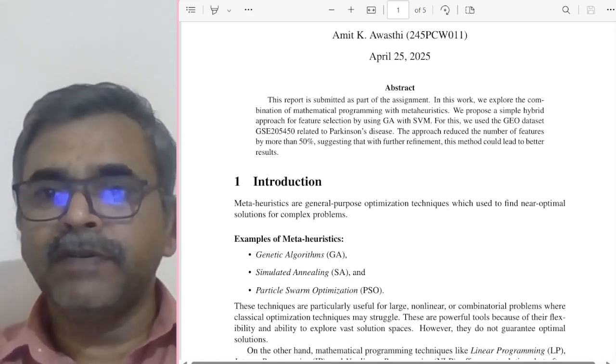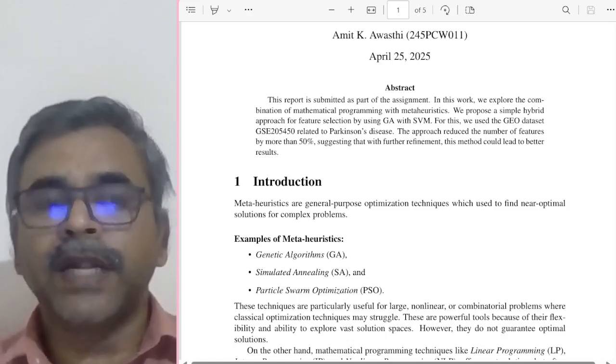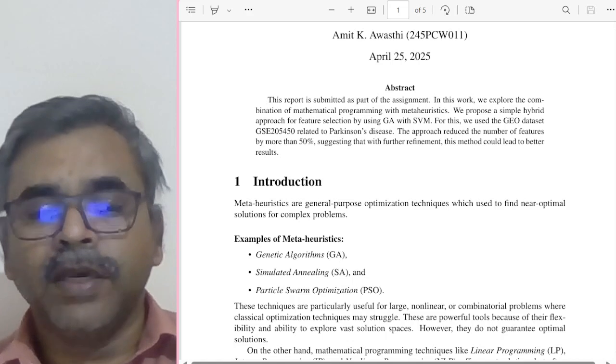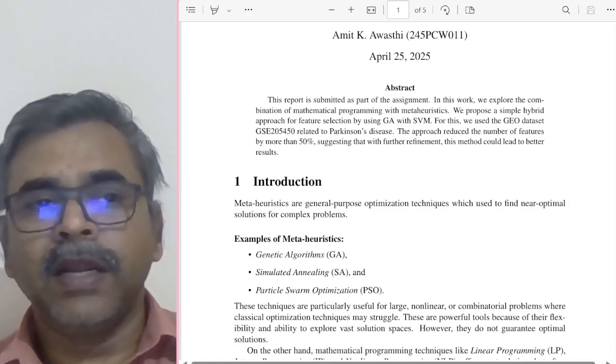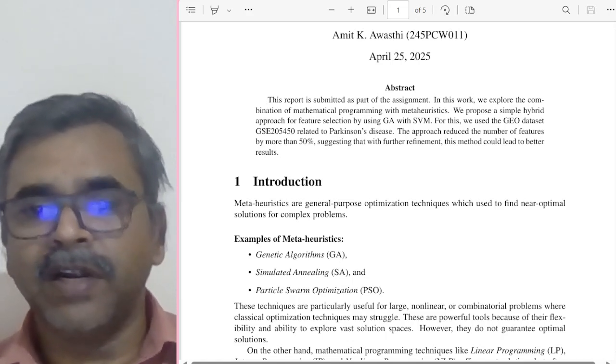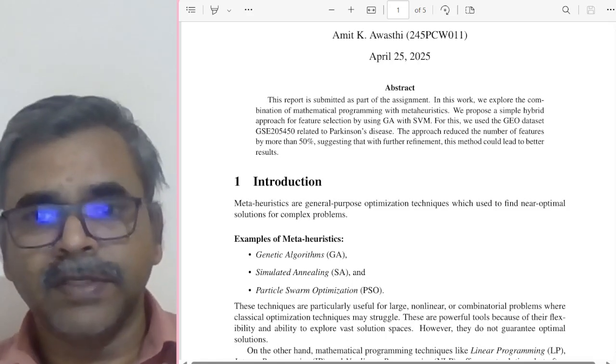So in this study we found that there are some Metaheuristic algorithms that can be combined with mathematical programming or some other techniques, so that we can overcome the difficulties whatever we are facing in algorithms.